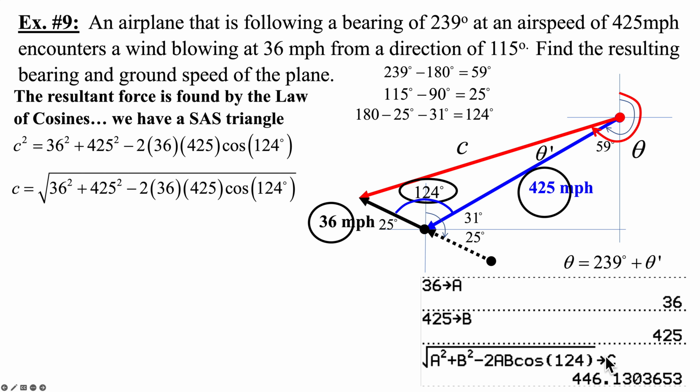I'm going to store that for c in case I need to use c later. I get an answer of 446.130. So we'll round it to 2 decimal places. That's my approximate miles per hour for c. The wind is actually making us fly faster, but it is pushing us off course.